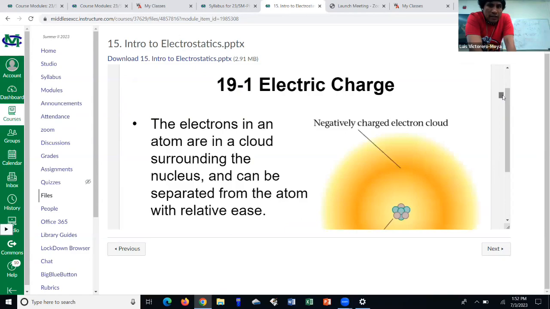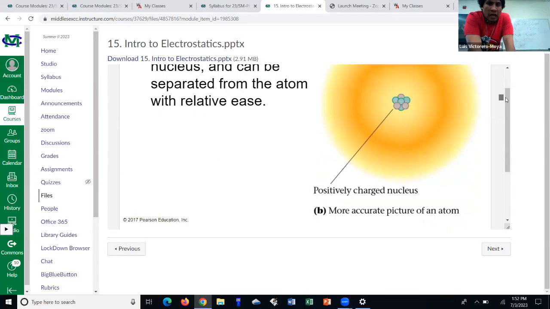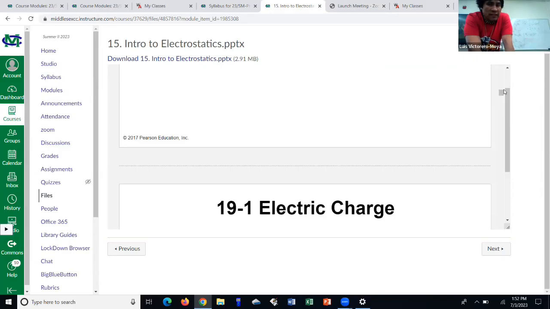And this is what I was talking about: the electrons are in an atom as a cloud surrounding the nucleus. The cloud is negatively charged, and the nucleus can be positively charged if there is an excess of protons.